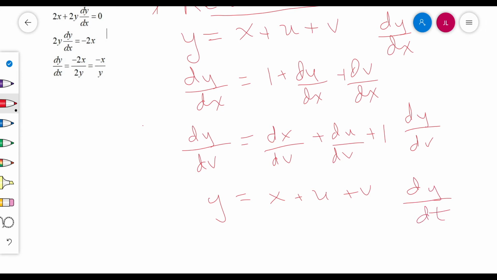Then everybody's a function of time. dy/dt equals dx/dt plus du/dt plus dv/dt. That, in its most simple form, is the story of related rates. We look at one derivative, one rate, as a function of other derivatives, another rate.